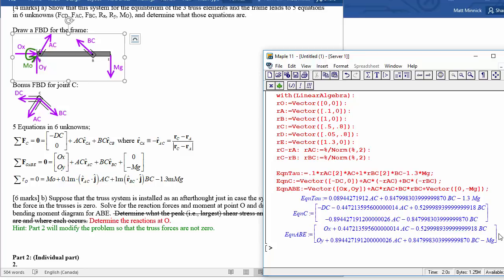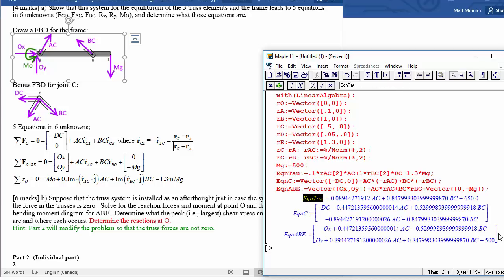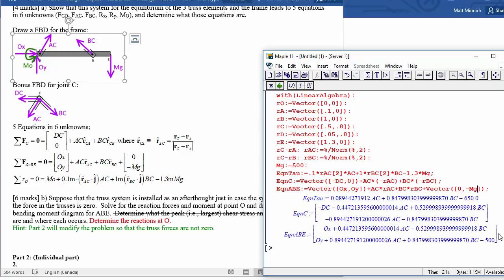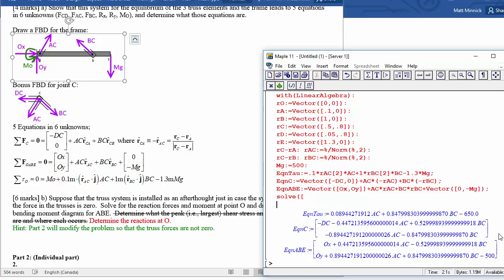Then we've got the equations that we need to solve. We need to define what mg is, and it's 5 equations in 5 unknowns: OX, OY, AC, BC, and DC. Now to solve this, we need to split up those different equations.